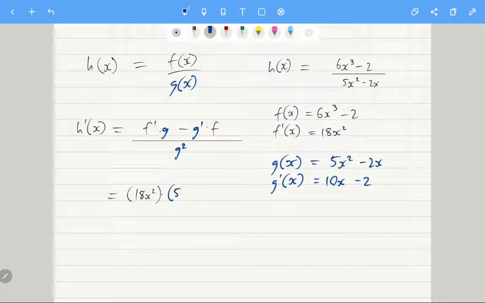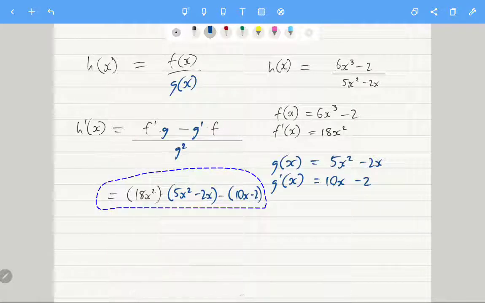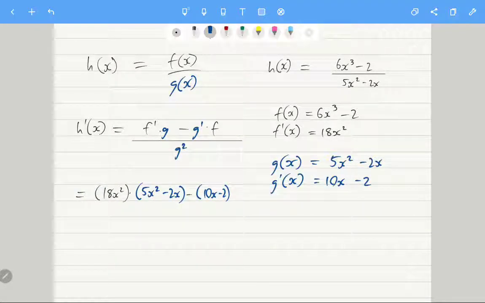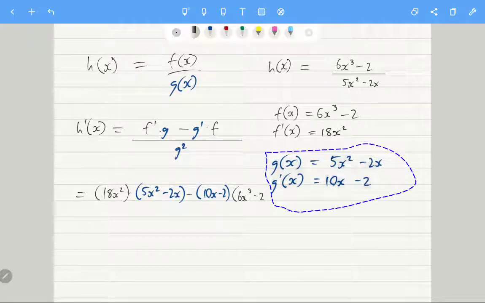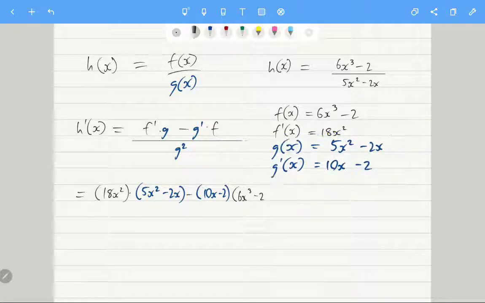then g, then g dash, running out of space here, and then f. Alrighty, so I've now nearly finished.